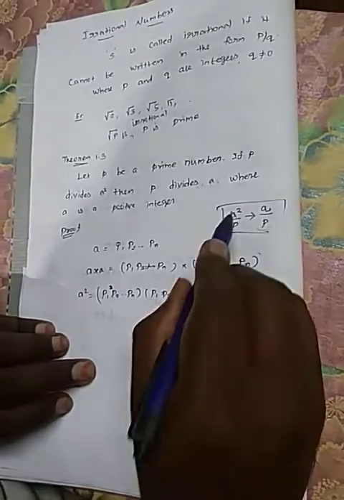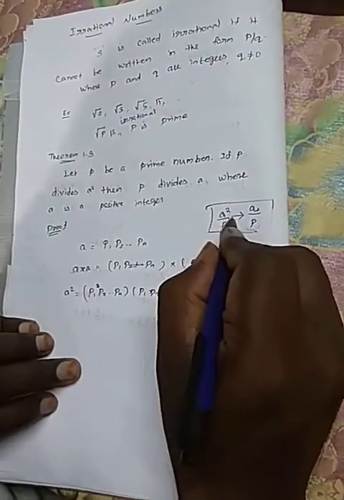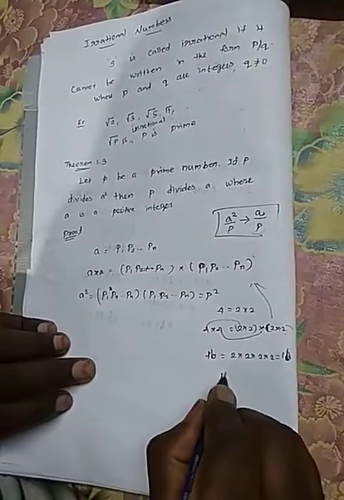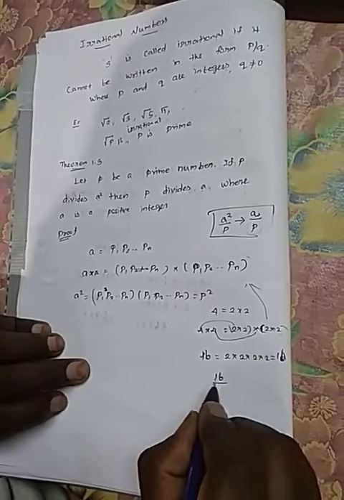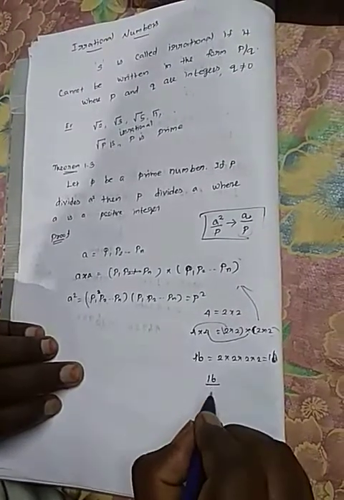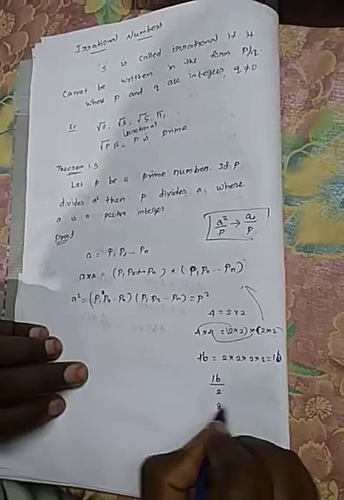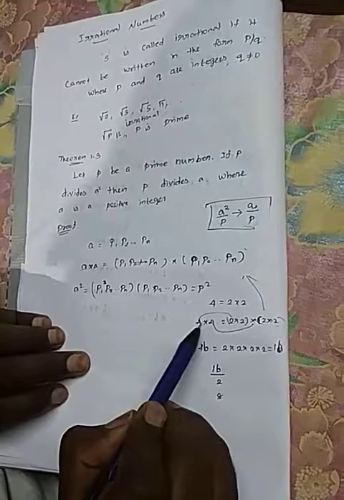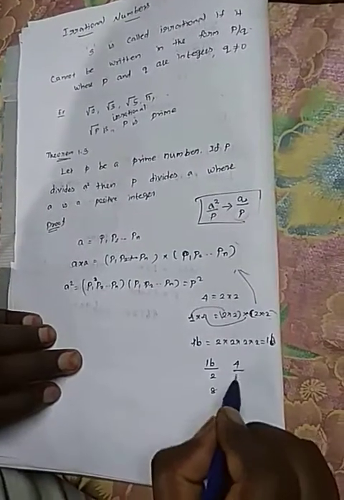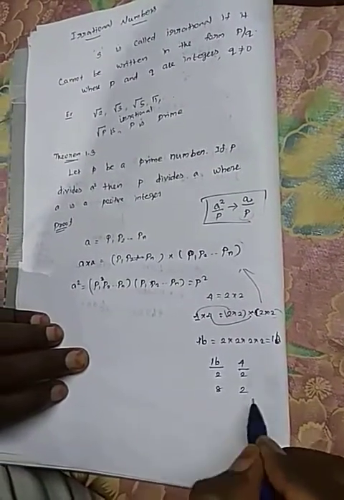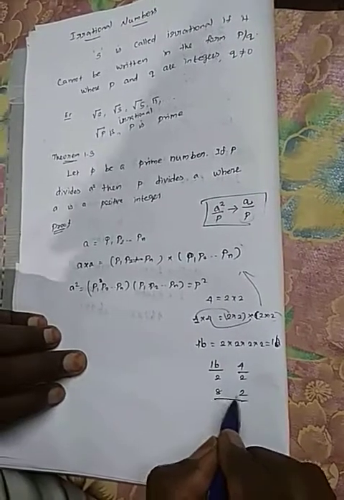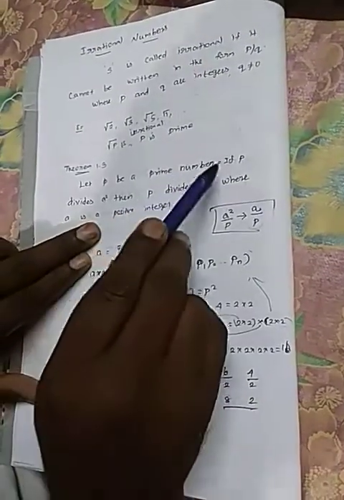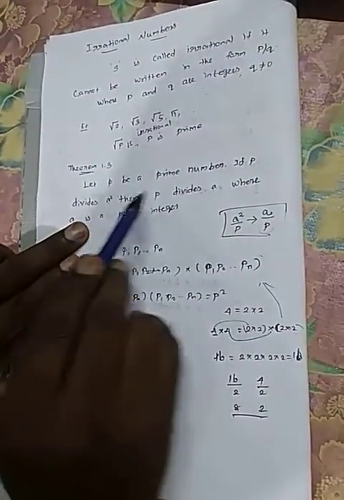For example, 16 by 2, a prime number, we can divide: the answer is 8. Then what is a square? 16. What is a? 4. 4 divided by 2 is 2. But the answer is not the same, no need for the same answer. What is the concept? If p divides a square, then p divides a.